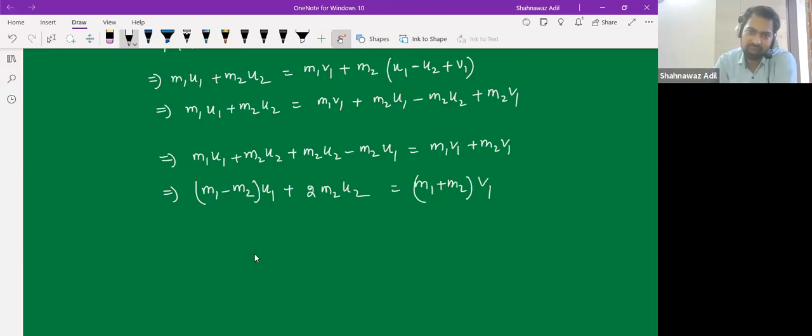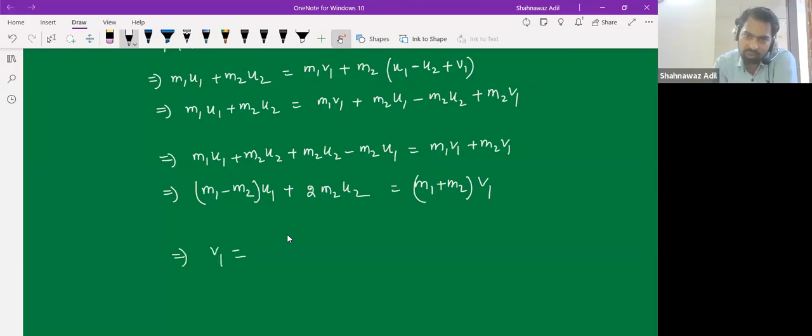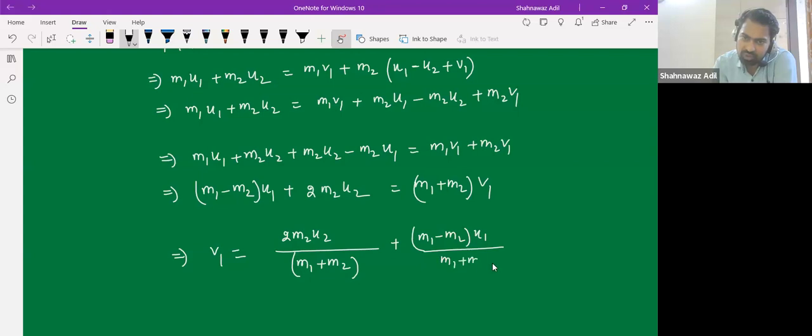So v1 would be 2 m2 u2 divided by m1 plus m2, plus m1 minus m2 times u1 divided by m1 plus m2. So this would be v1, right?